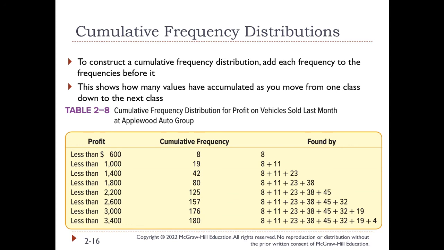Oh, by the way, when we count, if a value hits one of the limits, like the upper limit, say we sold a car with a profit of 600, it would go into the 600 to 1,000 class, not the 200 to 600. It always goes to the upper class.